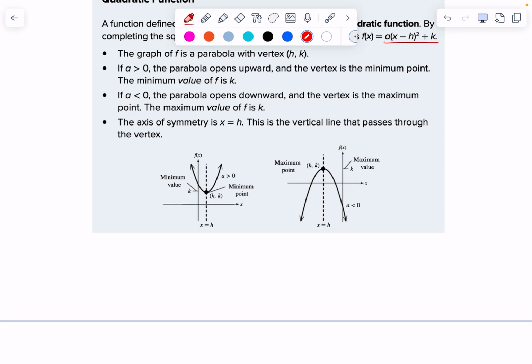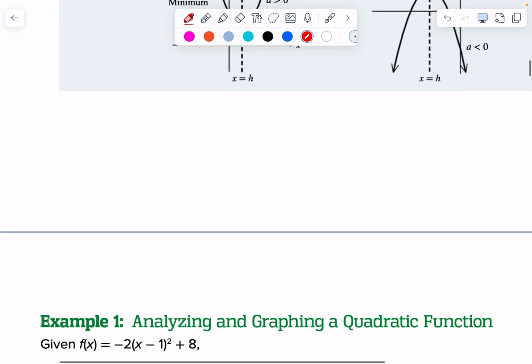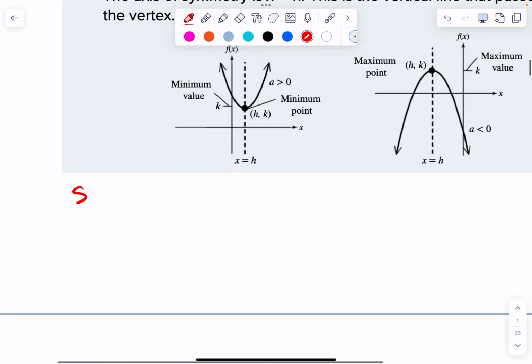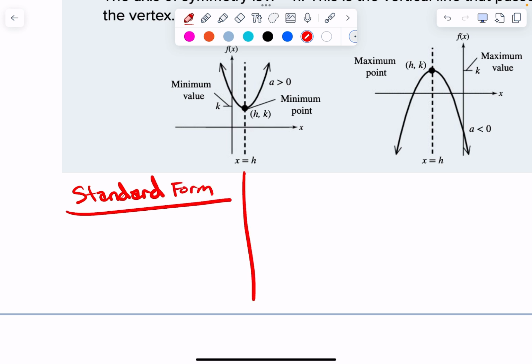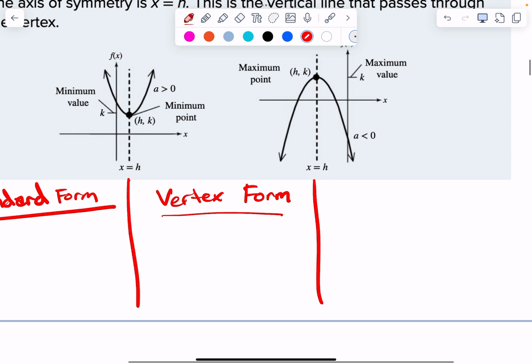I call it factored form. They might call it something different. I don't remember what they call it. So the three forms I have: standard form, write this down, vertex form, and then I call it factored form.